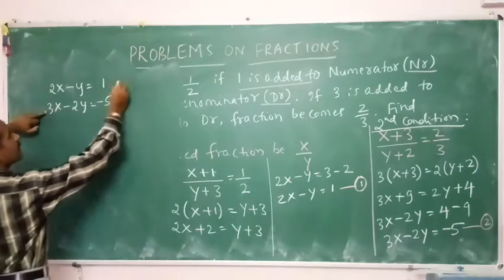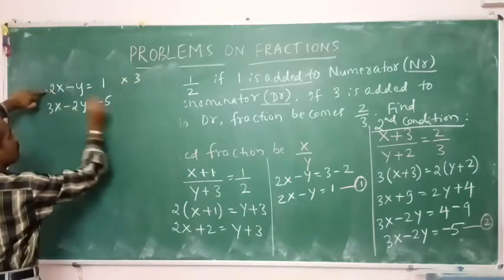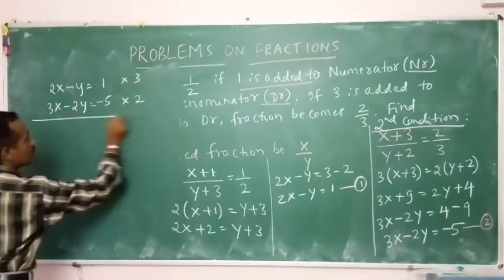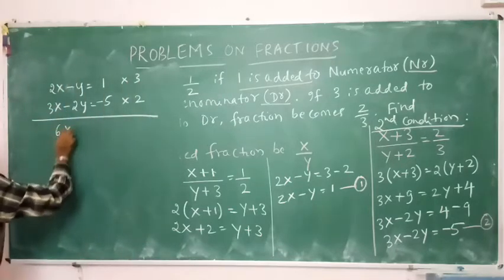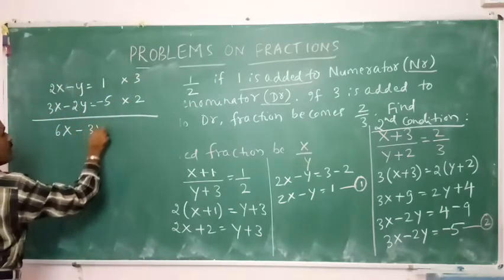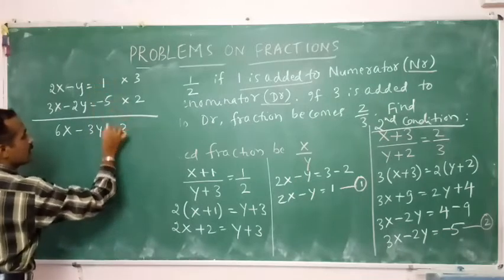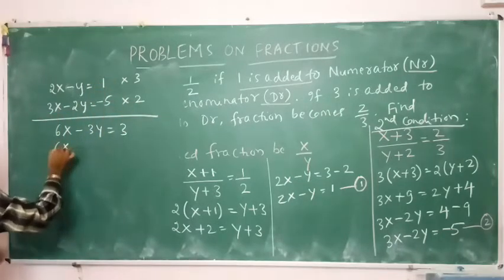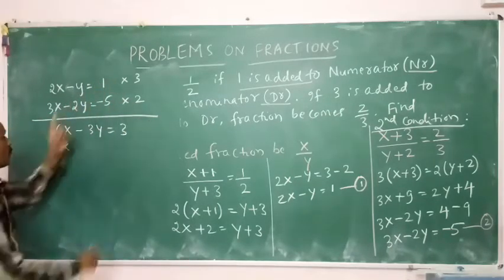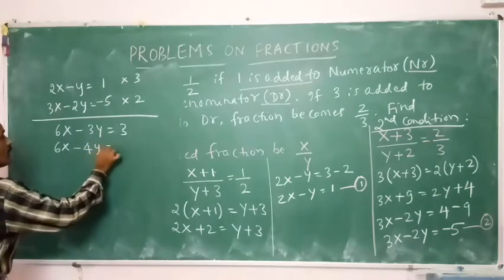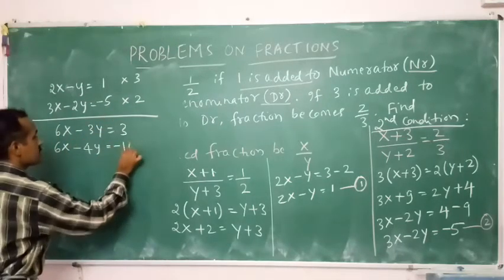Let me multiply the first equation by 3 and the second by 2. 6x minus 3y is equal to 3, and 6x minus 4y is equal to minus 10.